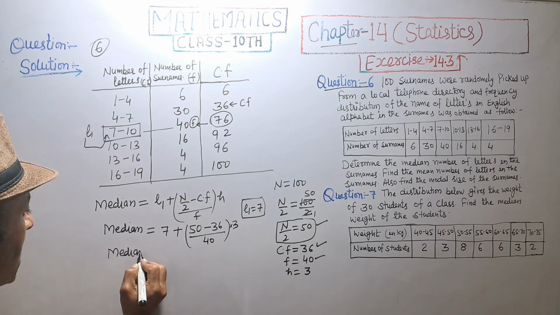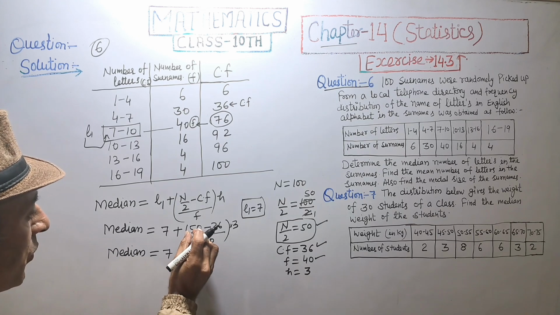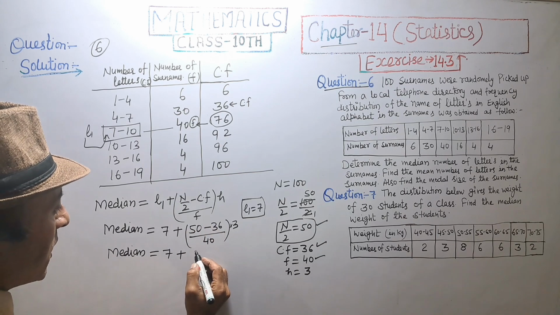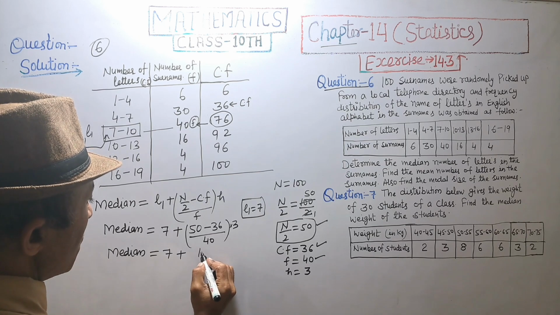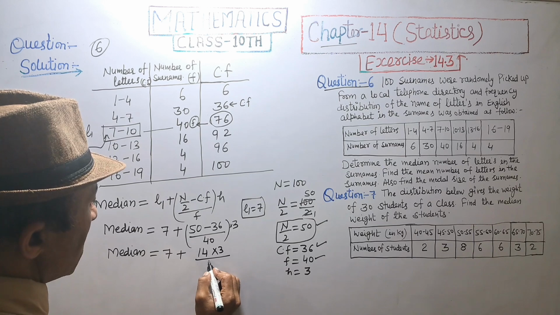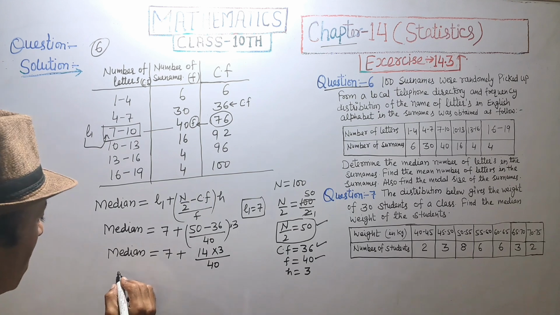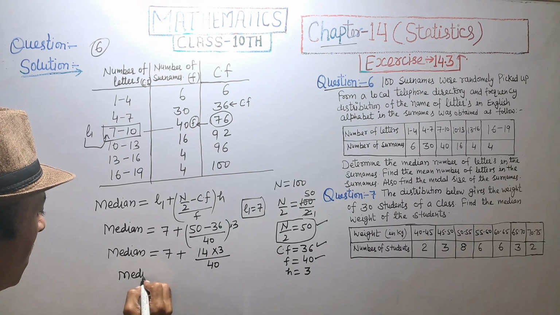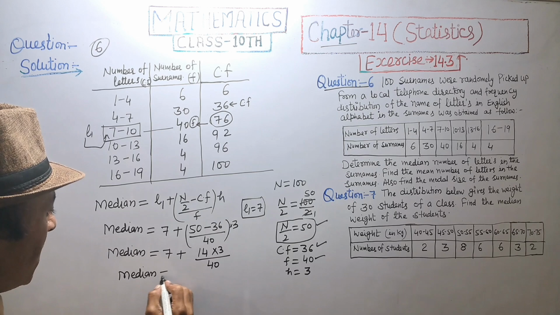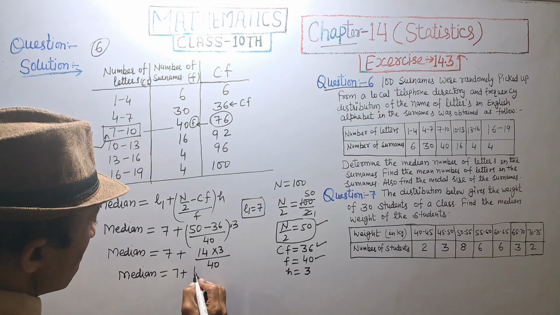Median is equal to 7 plus 50 minus 36, that is 14, multiplied by 3 divided by 40. Median is equal to 7 plus 14 3s are 42 upon 40.